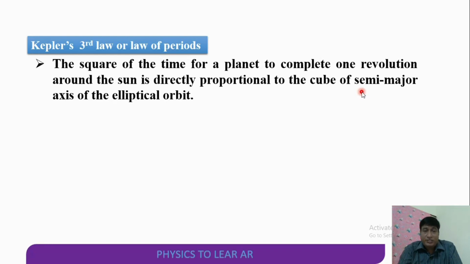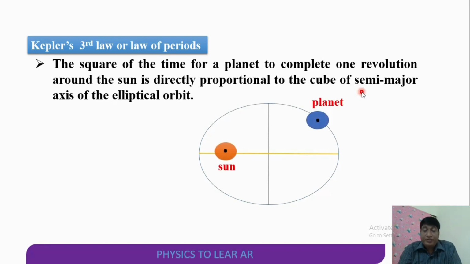We have already discussed the semi-major axis and semi-minor axis. Based on that, this will be the sun and this will be the planet. In the image I am showing, the planet completes one revolution. The radius is r, and the square of the time period is directly proportional to the cube of the semi-major axis.